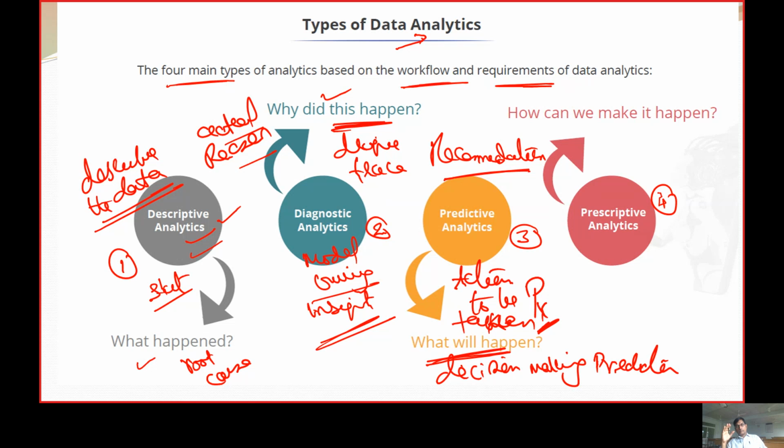Yeah, for what will happen, you need to get some recommendation. At that instance of time, in order to take some decisions over the data, that is where predictive analysis is going to happen. And now the upcoming area was how we can make it happen.